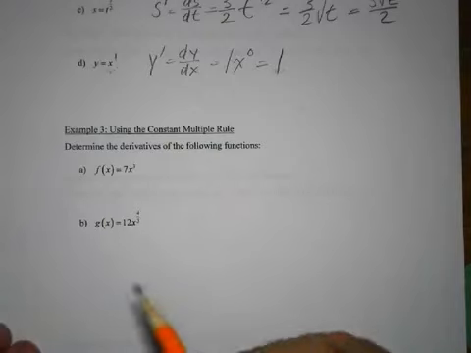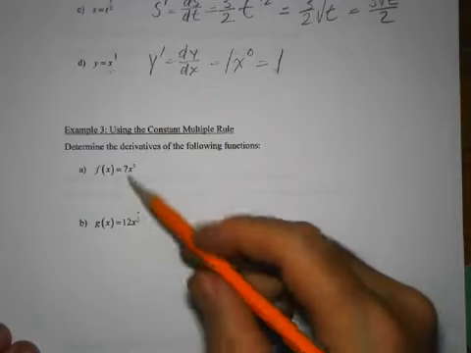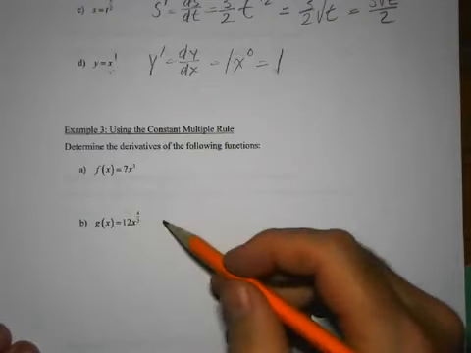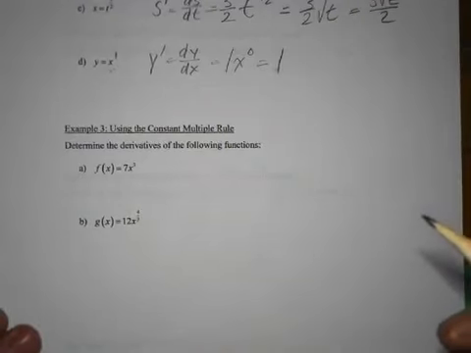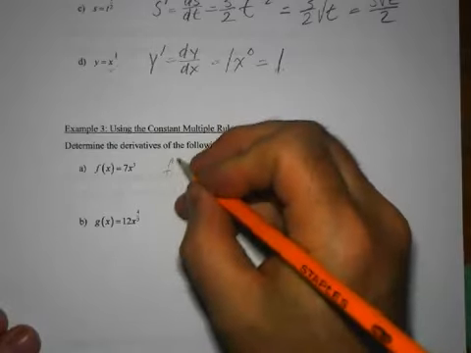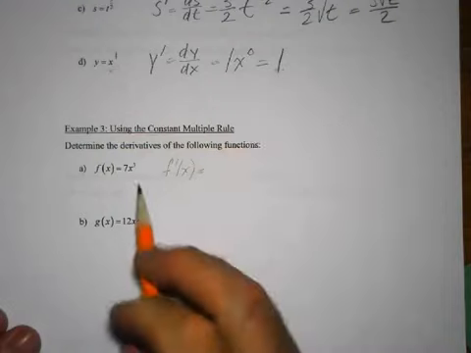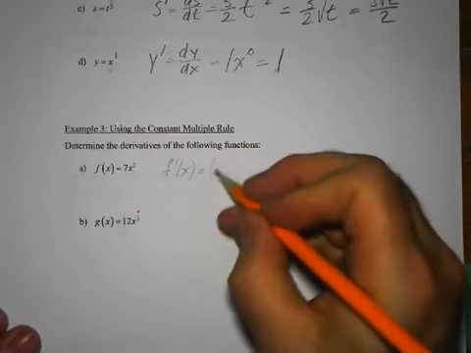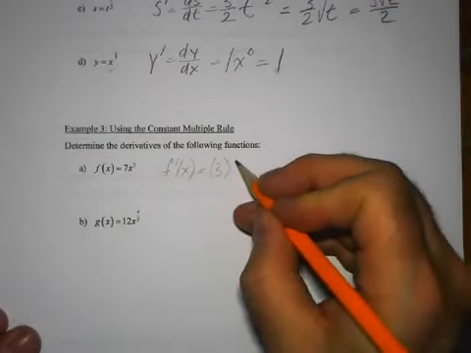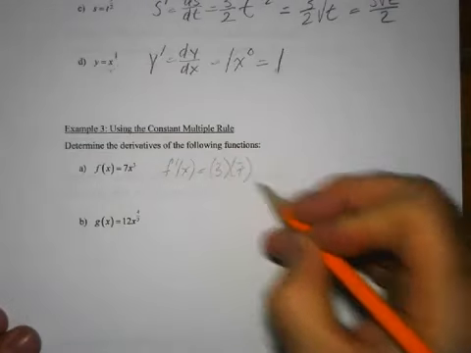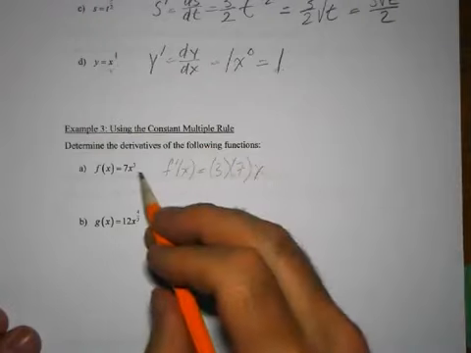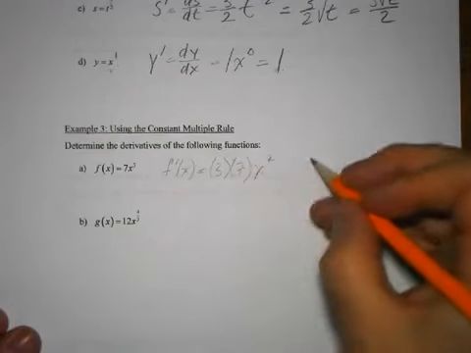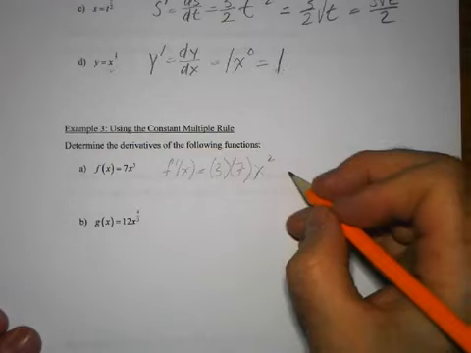Okay, so let's make it slightly more complicated. We're going to have some coefficients on the original function. So this time we have f of x equals 7x cubed. So the derivative function is going to be, we take the 3, which is the current exponent, we bring it up front, multiply that with the 7 that's already there, and then the x and the exponent gets reduced by 1, gets reduced to 2.